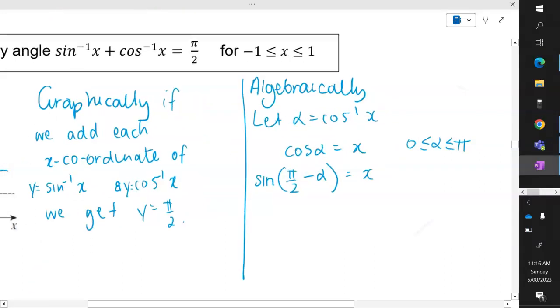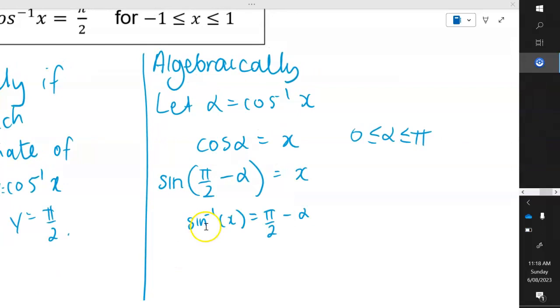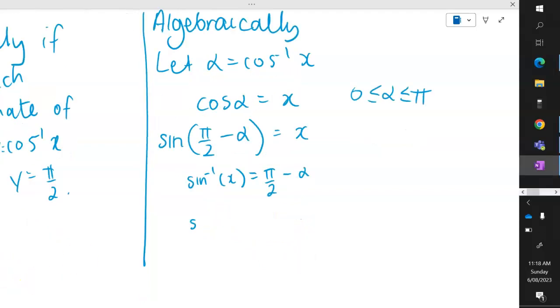Okay, so let's just neaten up our sine here. I can write this as sine inverse of x is equal to pi on 2 minus alpha. And that sine inverse of x plus alpha is equal to pi on 2. And we're basically saying in here that we're back into sine. Remember, sine inverse is restricted, and that's between minus pi on 2 and pi on 2, which covers pi on 2 minus alpha.